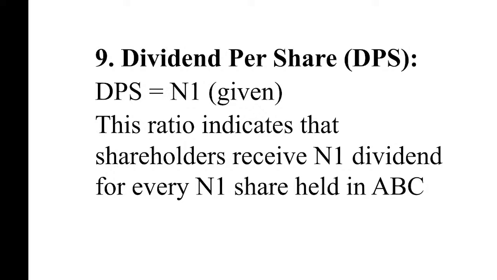Dividend per share. So I said that dividend per share is given in the question as 1 naira per share. This ratio indicates that shareholders receive 1 naira dividend for every 1 naira share held in the company. Now, like I was saying, the earnings of the company is not always equal to the dividend that is paid out, because the company might earn a particular amount of money and decide to keep some in running the business and then pay some out as dividend.